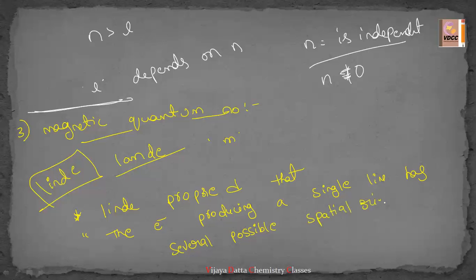That is what we are going to study here. So the magnetic quantum number is giving information about the spatial orientation.